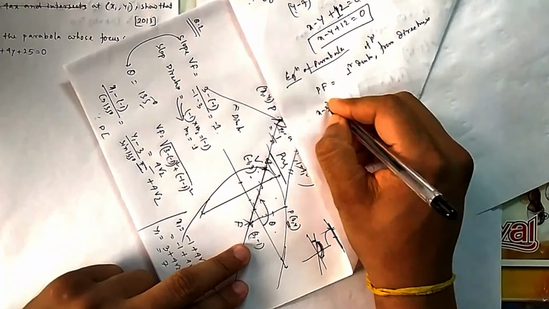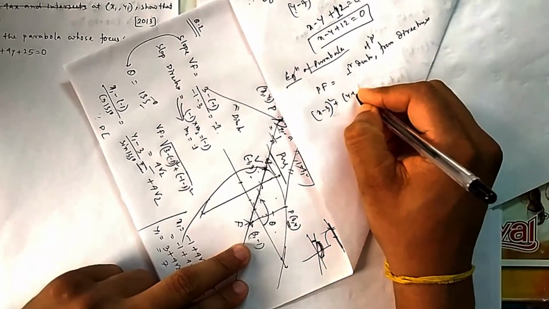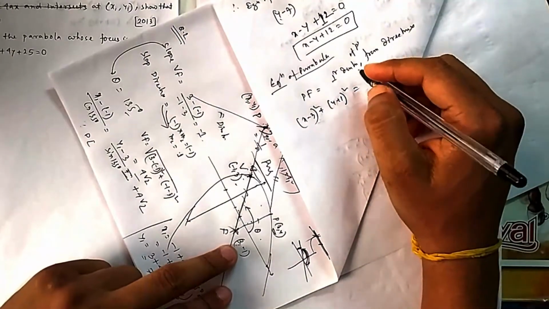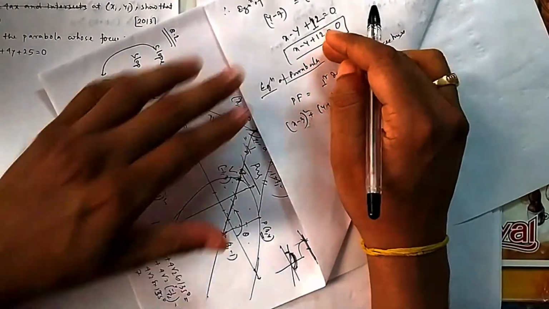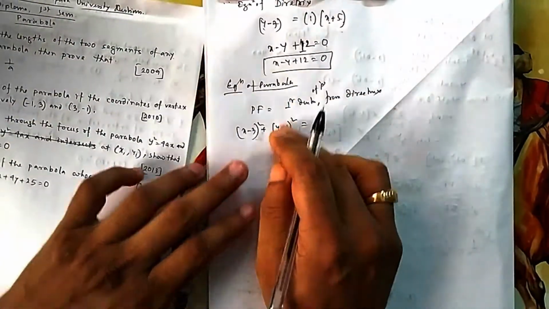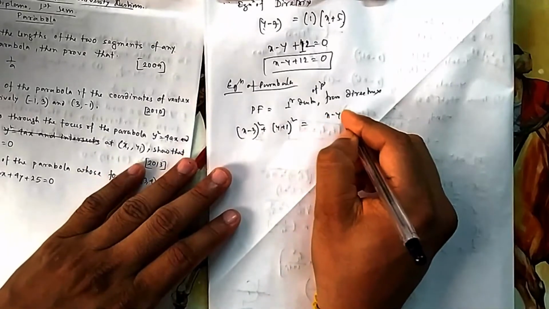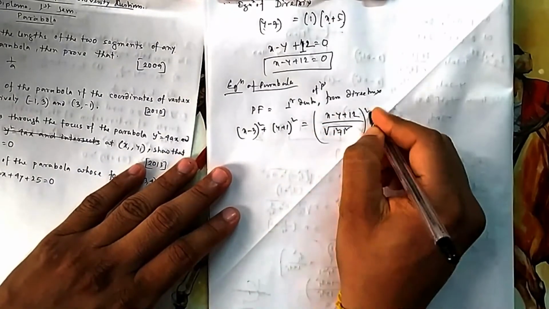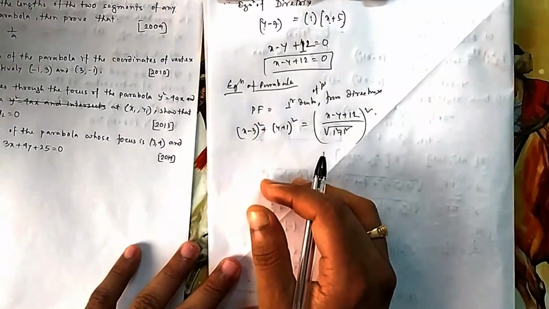It is (x minus 3) whole square plus (y plus 1) whole square. I am not taking the root, I will square both sides. And what is the perpendicular distance? P is (x, y). So you put the point in the equation of the directrix: x minus y plus 12 divided by root of 1 square plus 1 square, whole square, because I have removed the root.